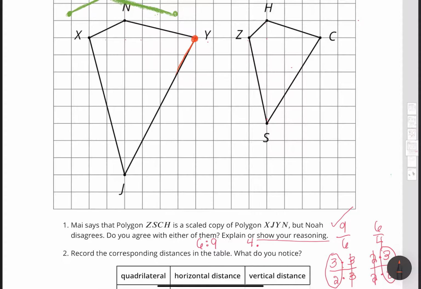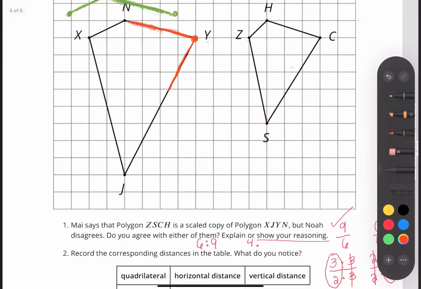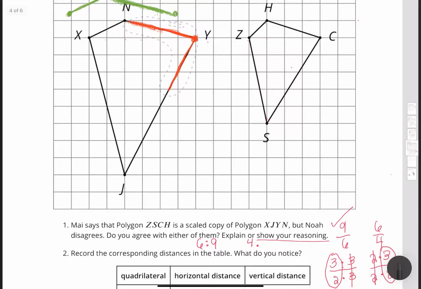And I'm going to do it like this. All right, so let's look. Let's look at this one again as well. They don't match up.